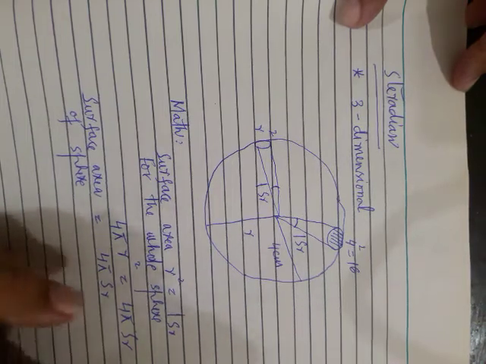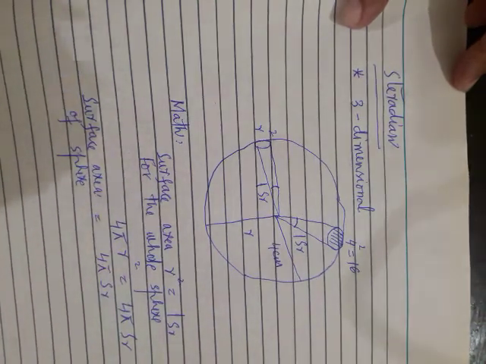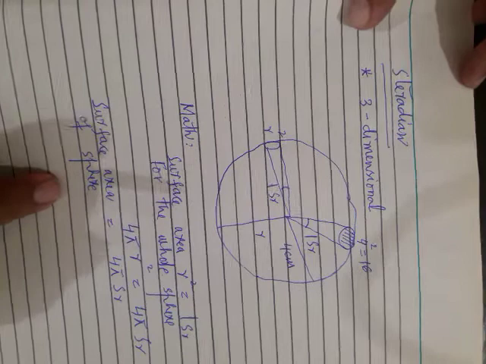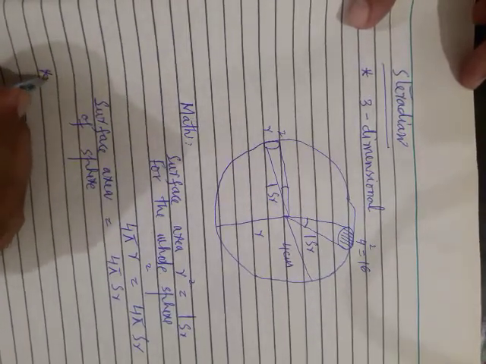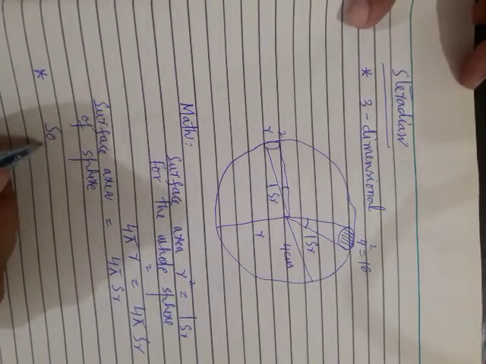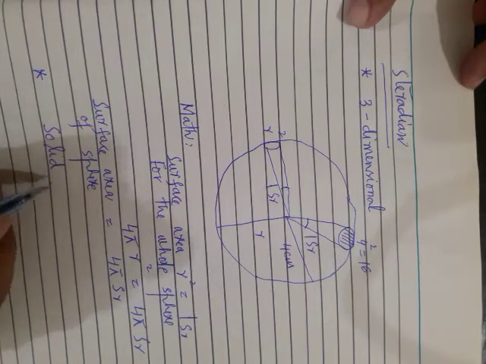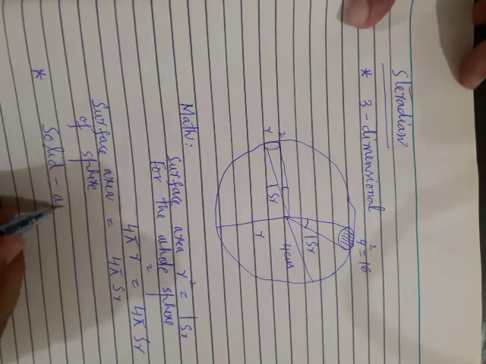Now this is a three-dimensional angle. Steradian is also called solid angle. Steradian is sometimes referred to as solid angle.